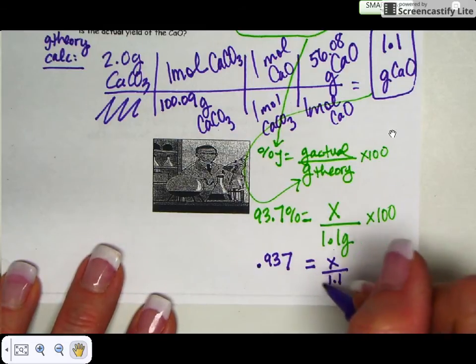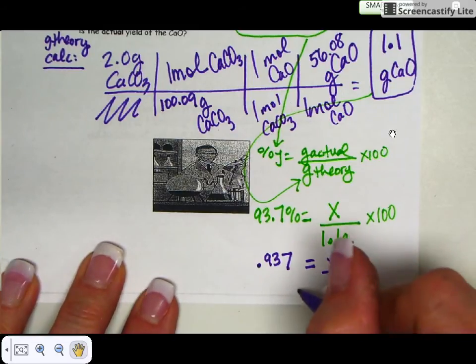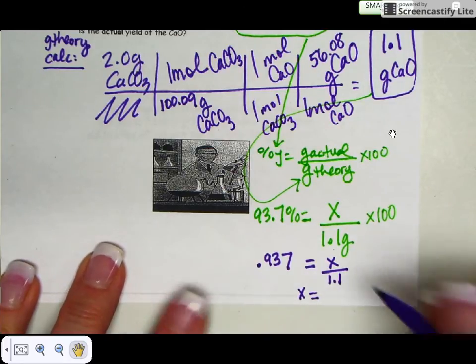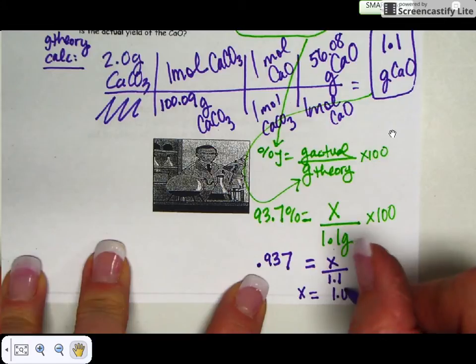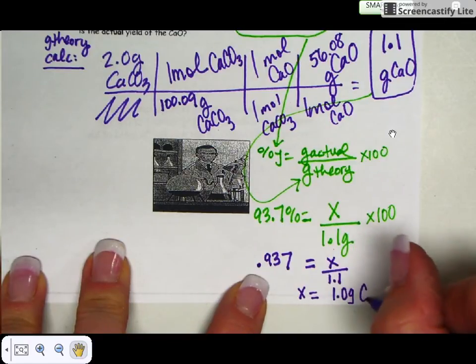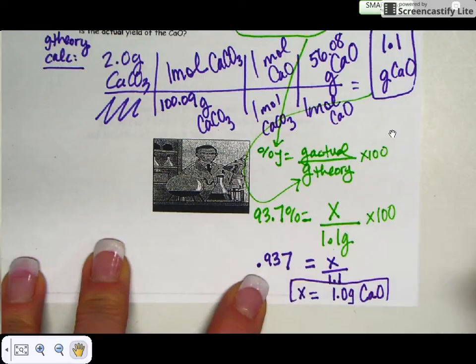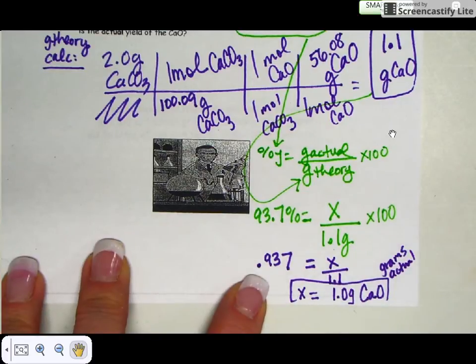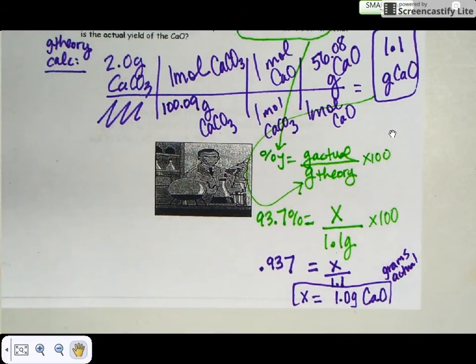So 0.937 times 1.1, and that isolates your variable. X is going to equal 1.0 grams of calcium oxide. This is our grams actual. So that's the other way that you will see these problems worded.